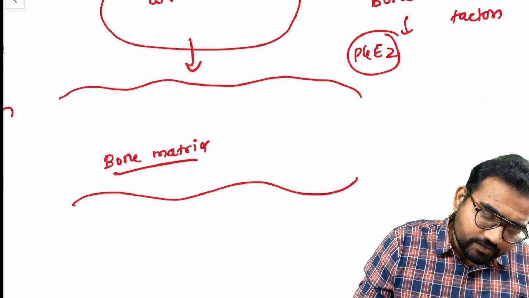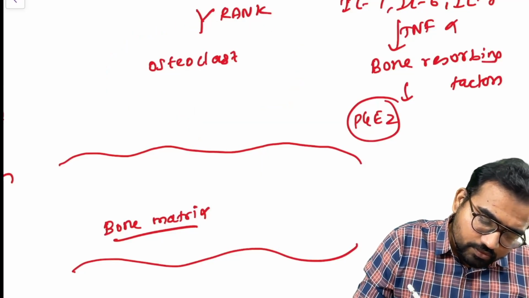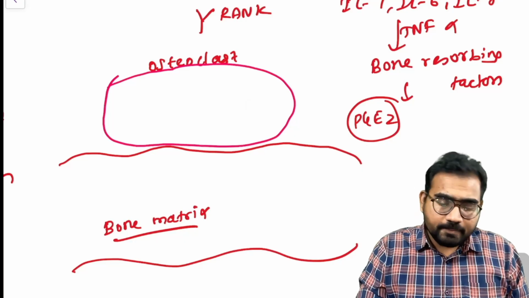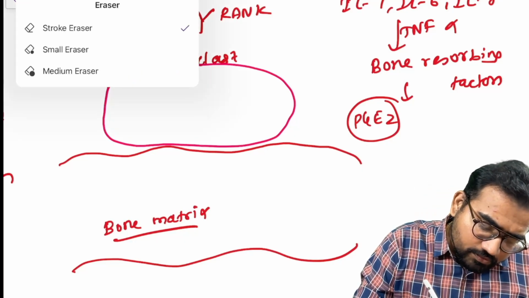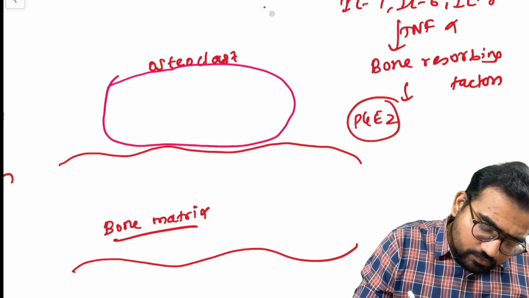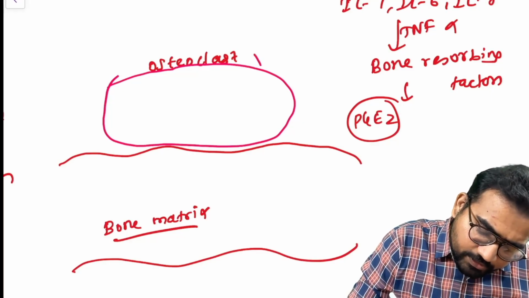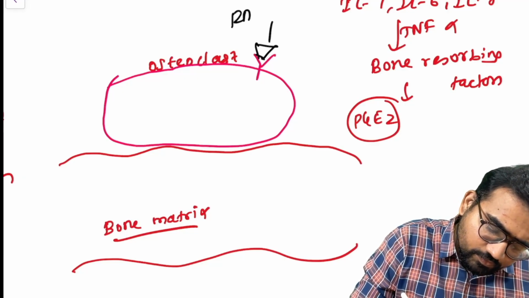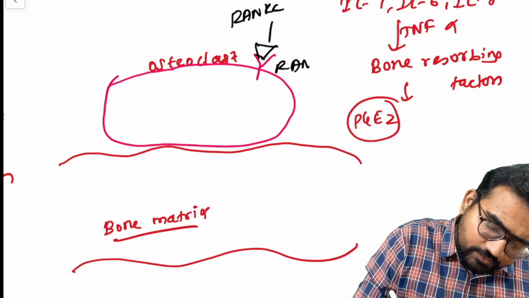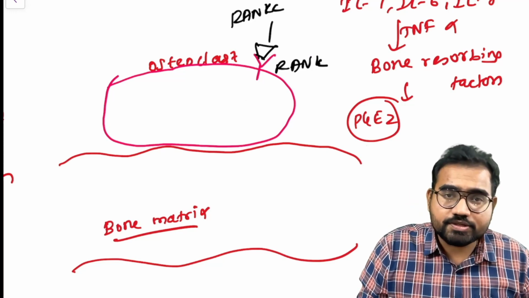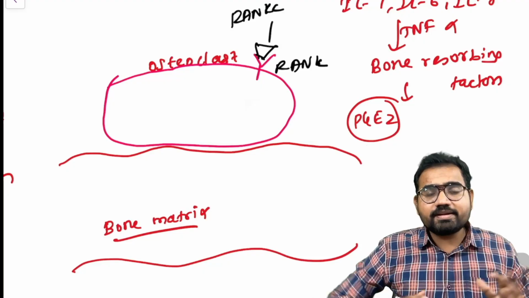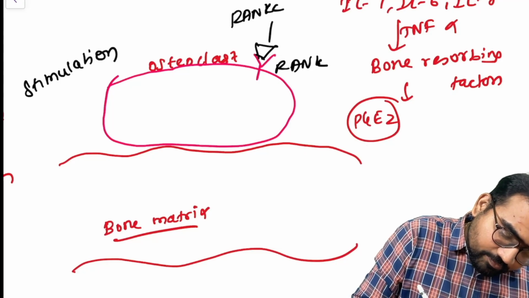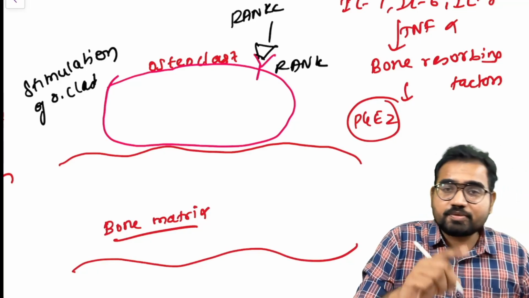This is RANKL, this is RANK. Once RANK and RANKL interact, there is stimulation of the osteoclast, and osteoclast resorption is going to take place.